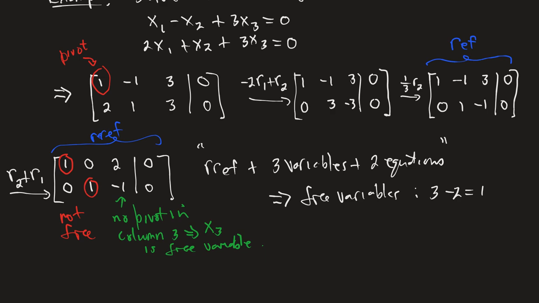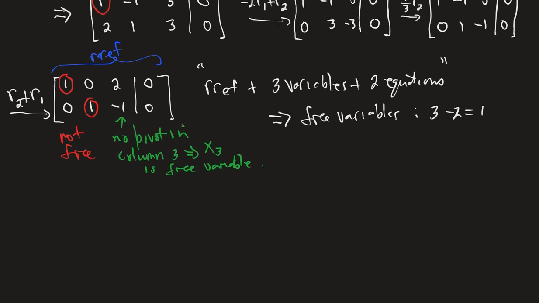And in that case, the first equation says that 1x1 plus 2x3 is equal to 0. Again, that homogeneous form. And then the second equation tells me that x2 minus x3 is equal to 0.